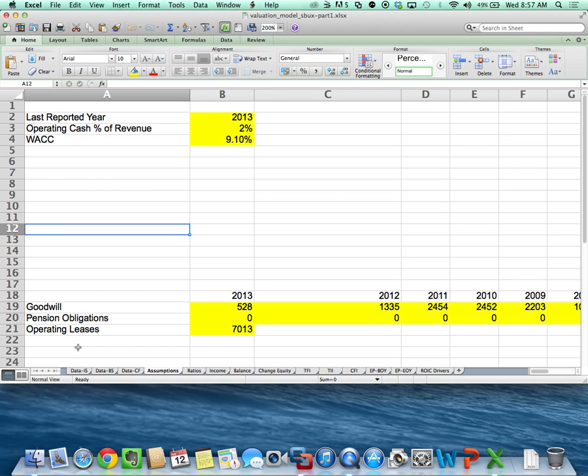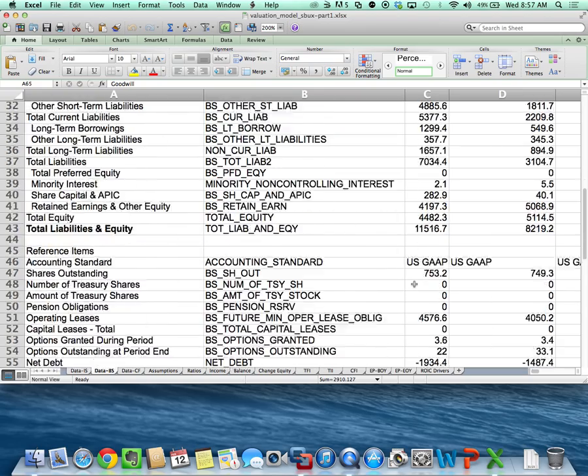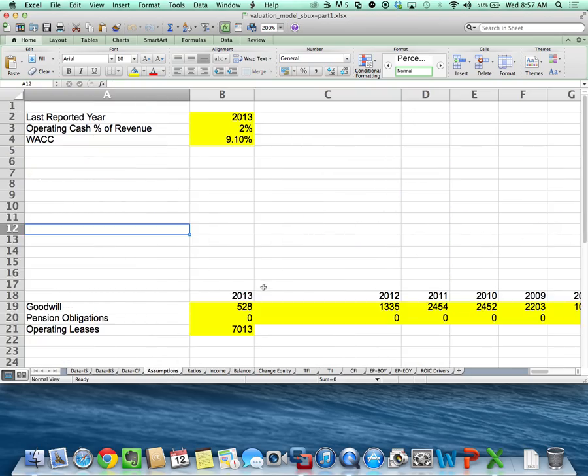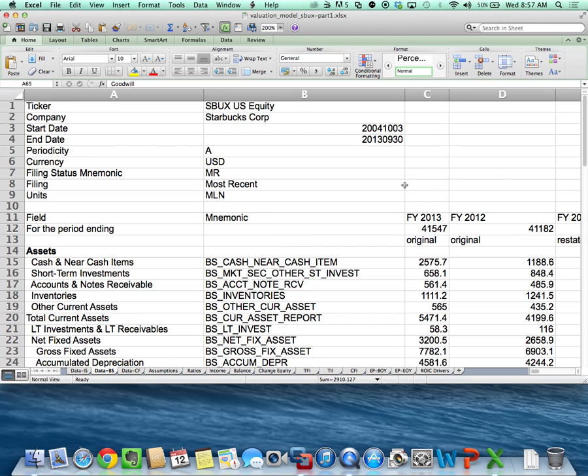So here's what we have to do. It's a manual process. But on the balance sheet, we'll come down here to goodwill, which in this case happens to be on row 65. And the way I have it set up on the assumptions tab is it actually matches the format that the most current year is on the left when Bloomberg exports the data by default.